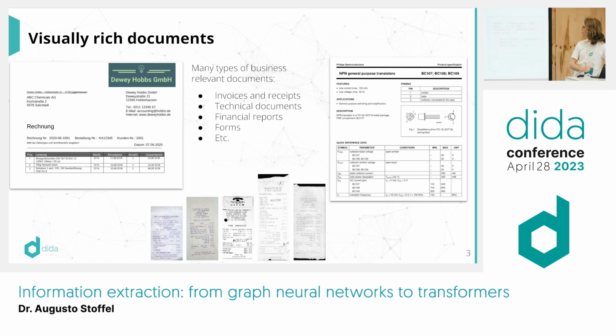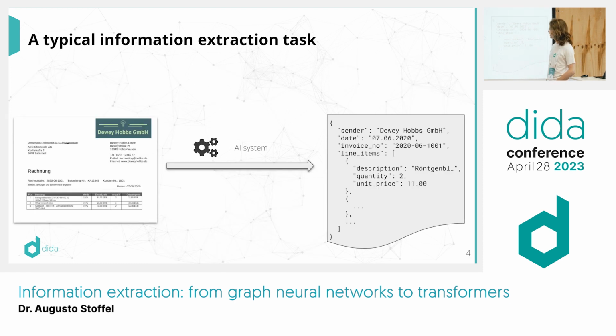All right, so then what is information extraction and how would it look in practice? Given a document like this, our invoice, we want some system that can turn this human-readable document into some machine-readable format. This would be, say, an object or dictionary like this with specified fields, in the case of the invoice, sender, date, invoice number, or even some more structured elements like line items.